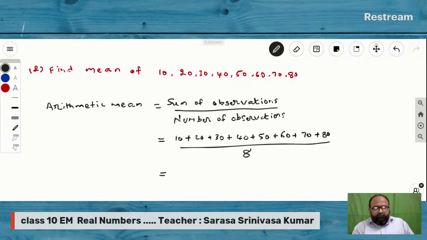This is equal to 10 plus 20, 30, 30 plus 30, 60, 60 plus 40, 100, 100 plus 50, 150, 150 plus 60, 210, 210 plus 70, 280, 280 plus 80, 360.